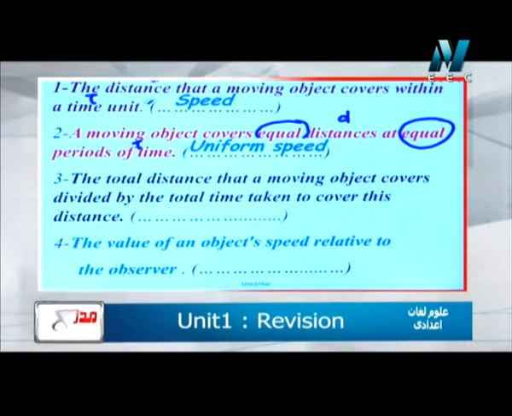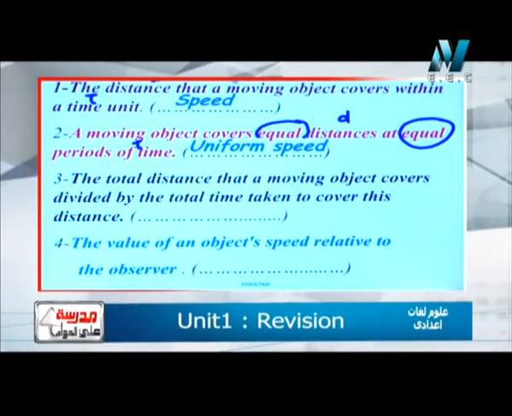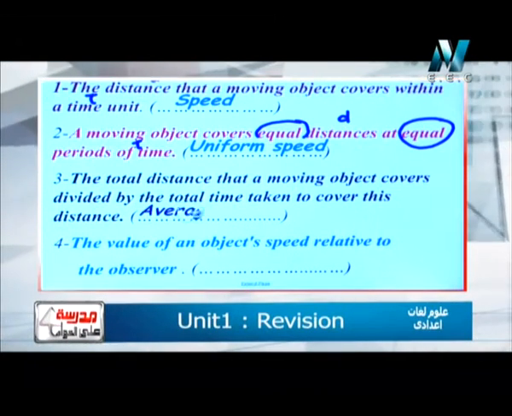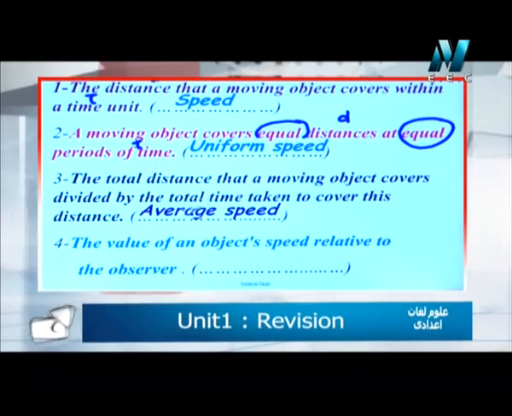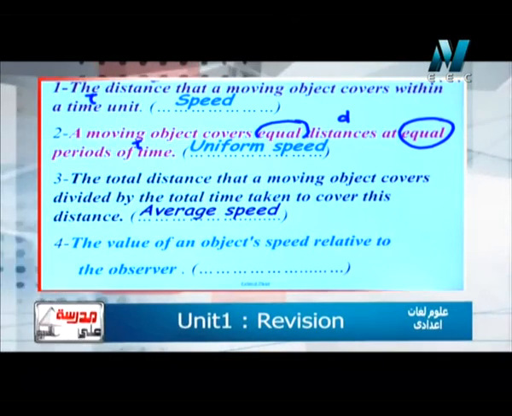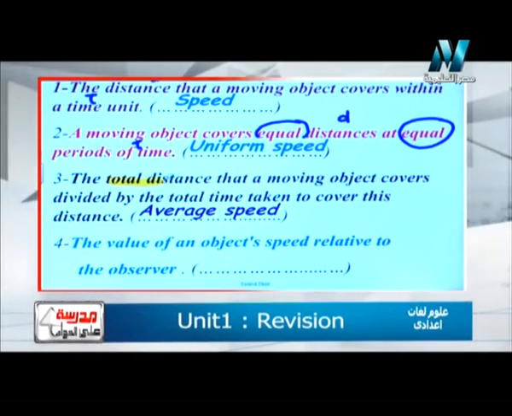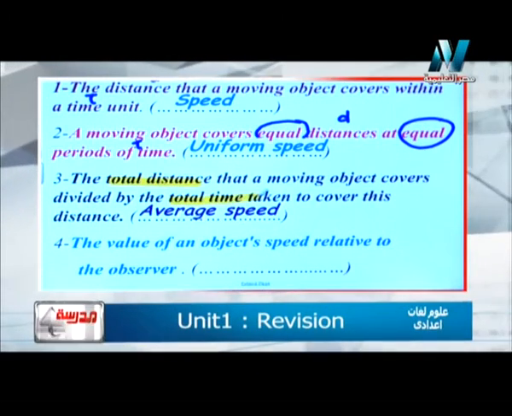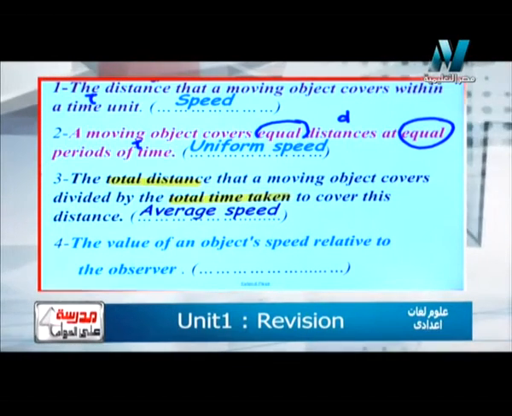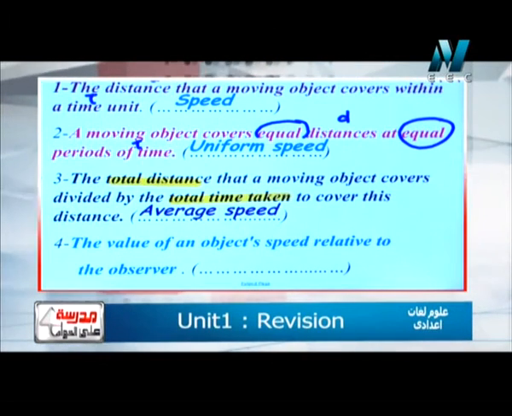So here we talk about the result of what? Of average speed. So the answer here is the average speed, because we talk about total distance covered over total time taken. It is written here. So we have only one answer in this question: average speed.